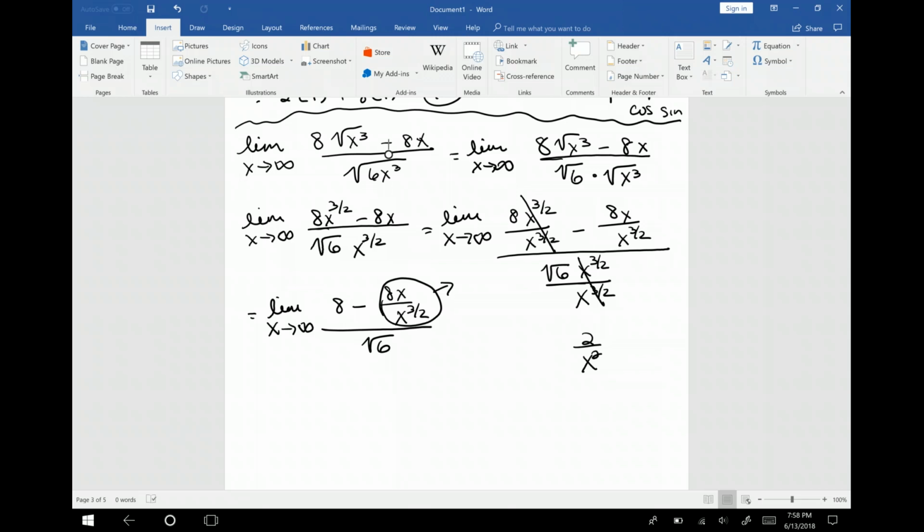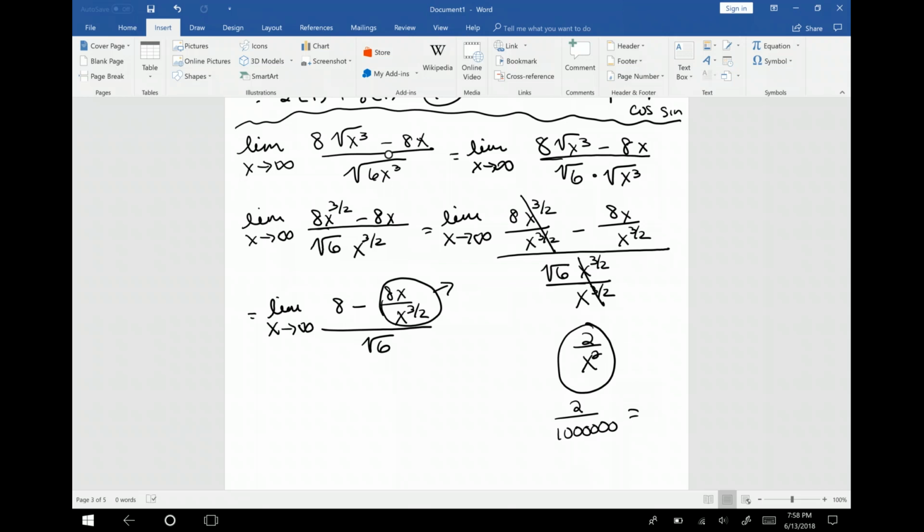Um, that is approaching 8. So look at the example from the last example, 2 over x squared. When we make that denominator get really, really big, like 2 over a million, what is that equal to? Okay.